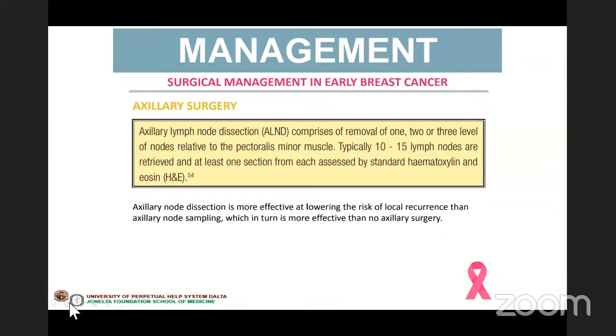So you do your lymph node dissection as you remove level 1, 2, or 3 lymph nodes relative to the pectoralis minor muscle. Typically, you'd get 10 to 15 lymph nodes and at least one section from each assessed by standard hematoxylin and eosin.